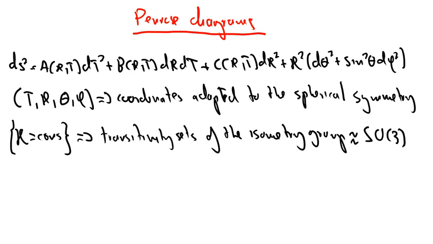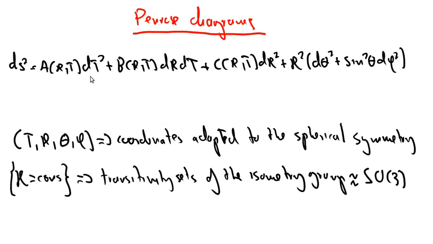Okay. Well, of course, here the functions A, B, and C are arbitrary but compatible with the Lorentzian signature.